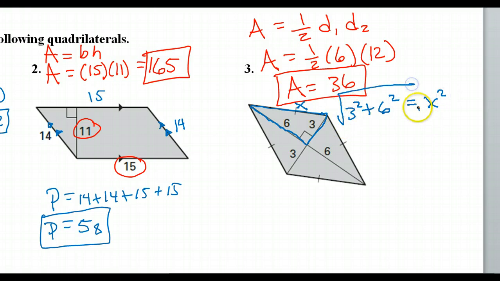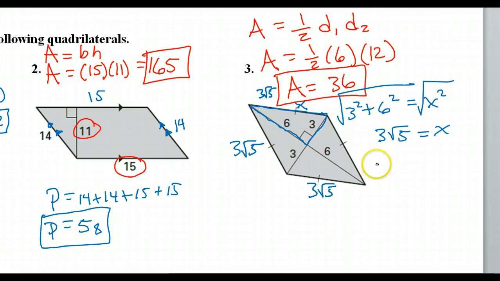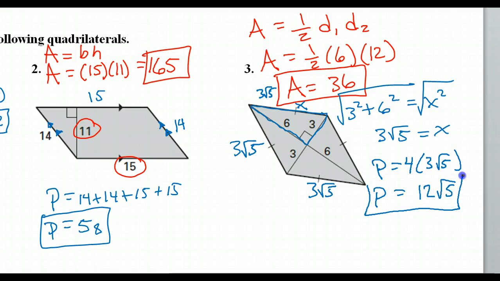If I take the square root of both sides, that's going to give me x equals 3 radical 5. All right, but this is a rhombus. So if that side is 3 radical 5, that means all of the sides are 3 radical 5. So that means the perimeter is going to be 4 times 3 radical 5. 4 times 3 is 12, so that's going to be 12 radical 5. So that is the perimeter.